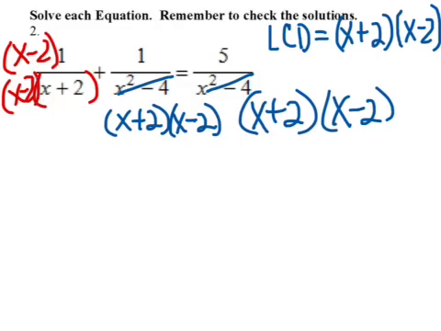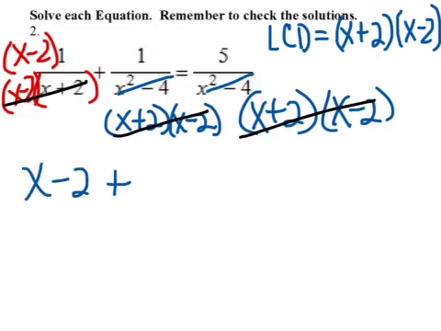What we've done here is we created fractions with like denominators. Therefore, we can cancel these denominators. Our resulting equation will then be x minus 2 plus 1 equals 5.